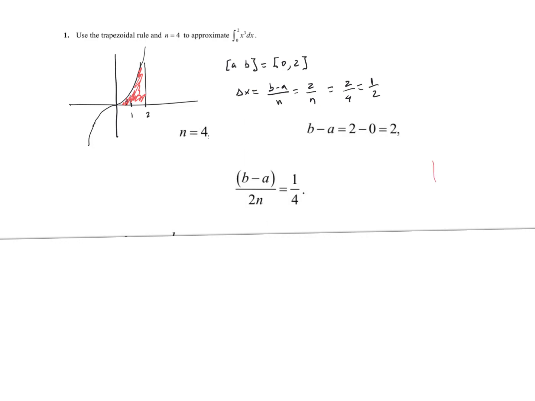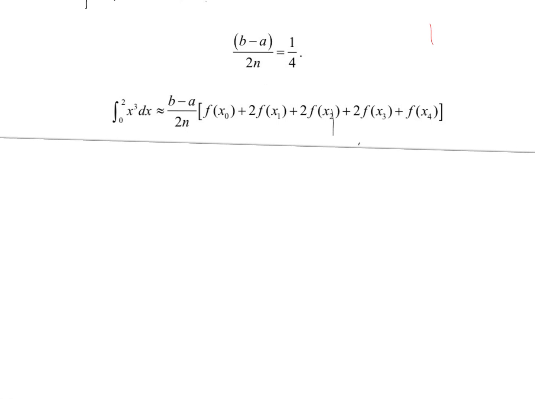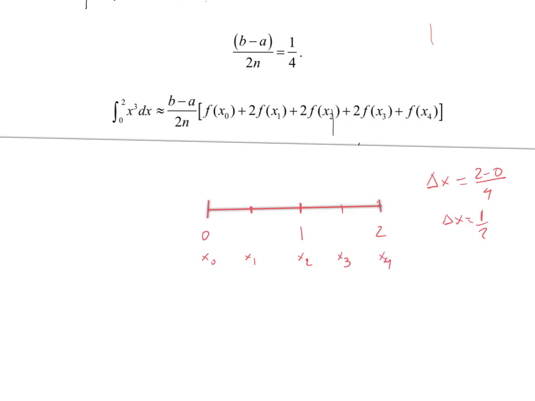So now I will write my equation. My equation says that approximately the area is b minus a divided by 2n multiplied by 1 times f of x0, 2 times f of x1, 2 times f of x2, 2 times f of x3, 1 time f of x4. So remember, the interval is from 0 to 2.